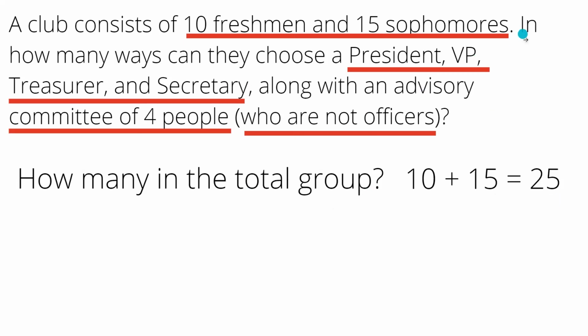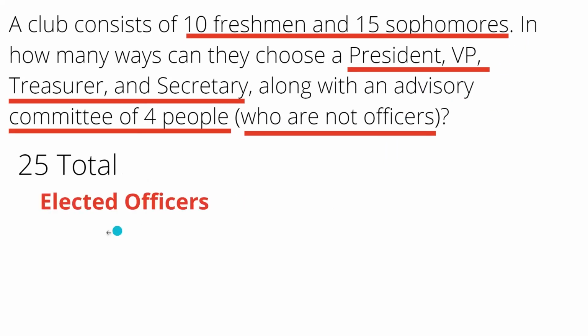So I'm going to take this in 2 different parts. The first part is I'm going to look at the elected officers: president, vice president, treasurer, and secretary. So hopefully now you know that election means permutation. So then we have the advisory committee.